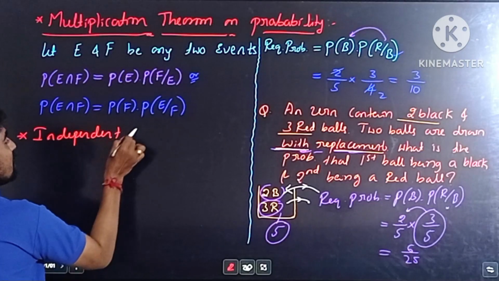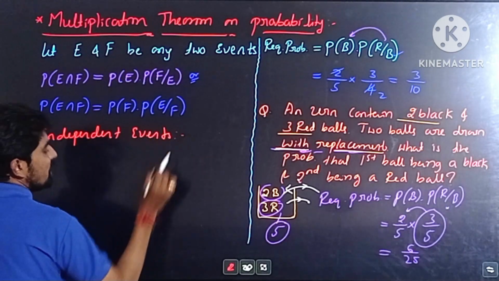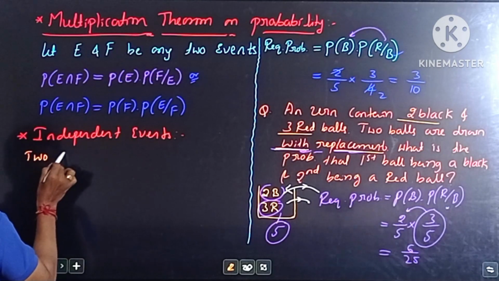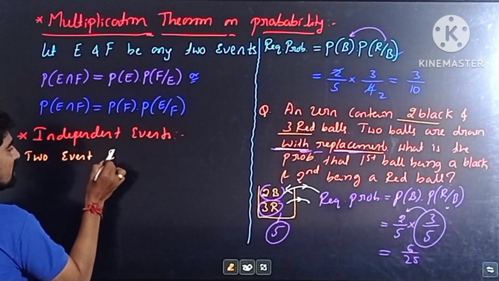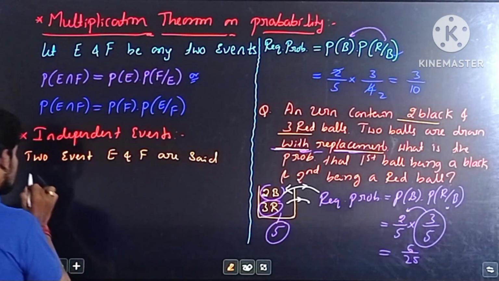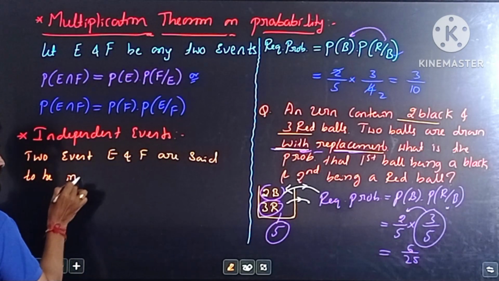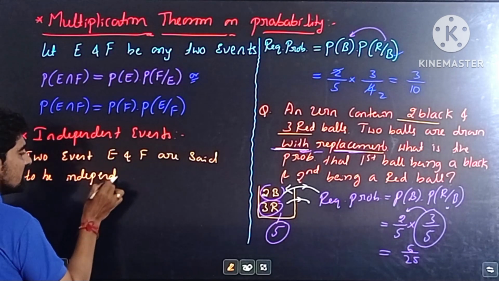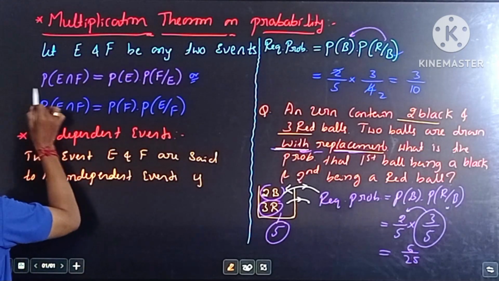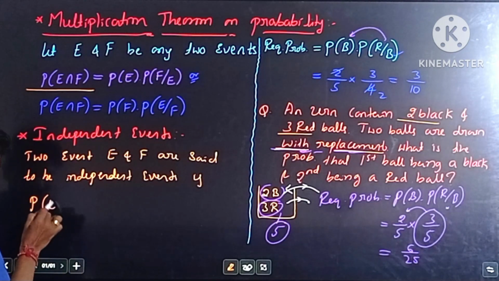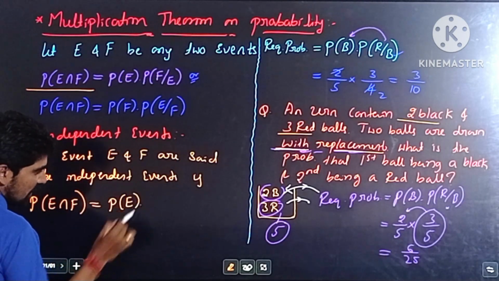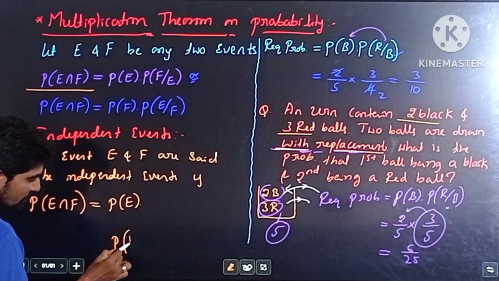Two events, E and F, are said to be independent events if the probability of E intersection F is equal to the probability of E times the probability of F given E.